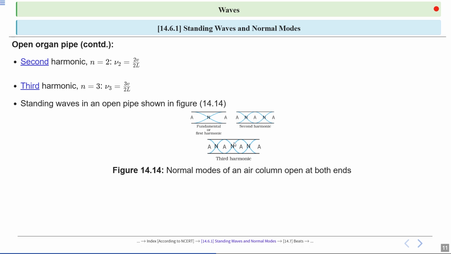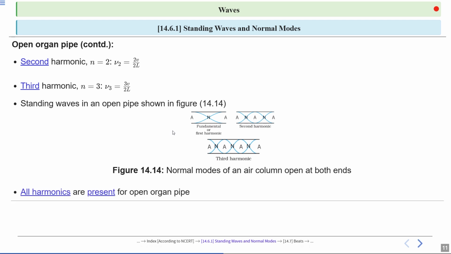So in an open pipe, both ends are antinodes, allowing maximum air vibration. As shown in the diagram, normal modes represent different harmonic frequencies, with the fundamental mode having one antinode in the middle, as shown in the figure 14.11.